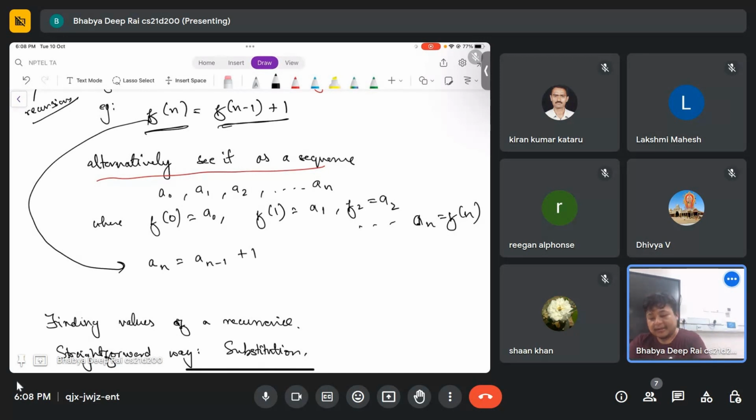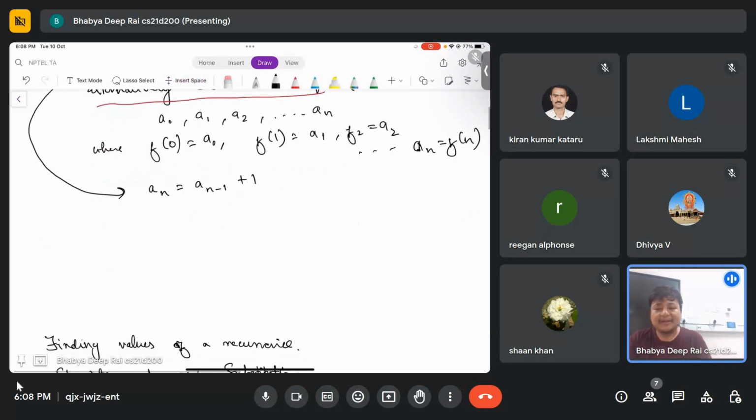Okay, so how will the function look? Let us try. Say a0 is defined as 1. Then a1 will be a0 plus 1 by definition, right?